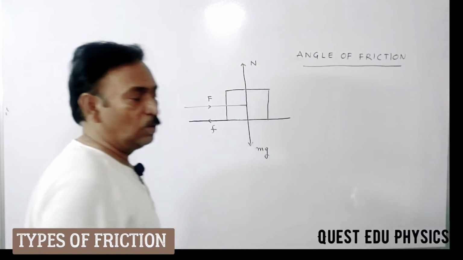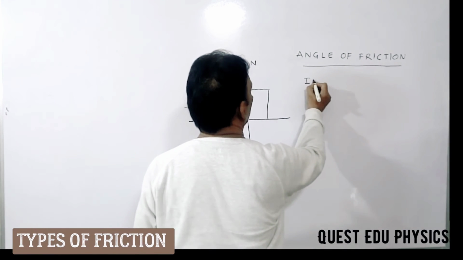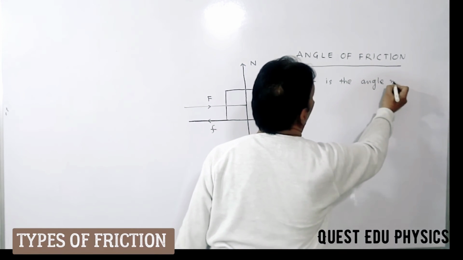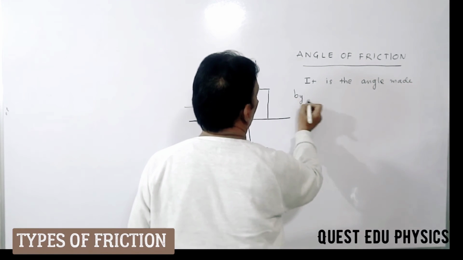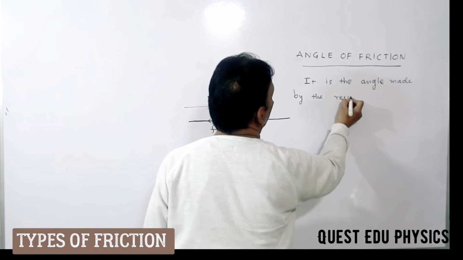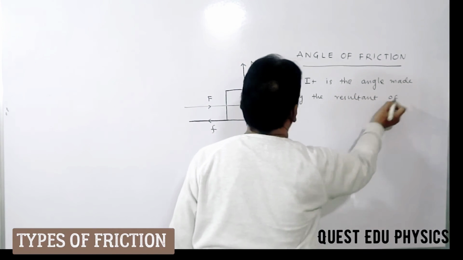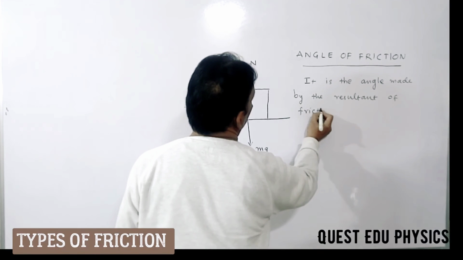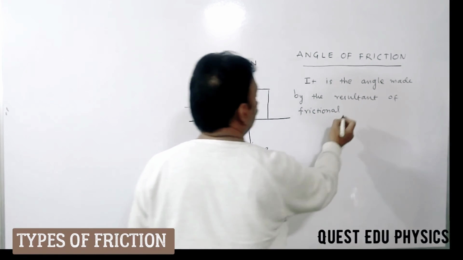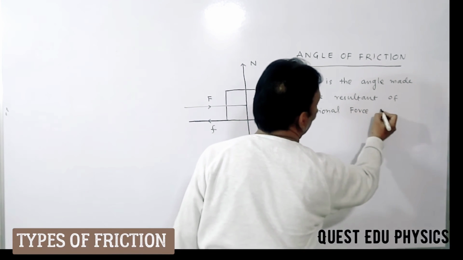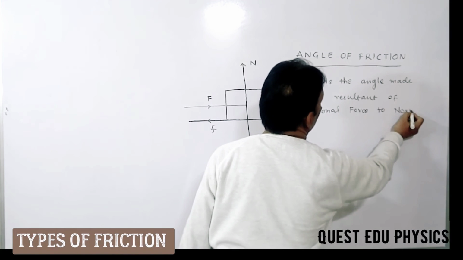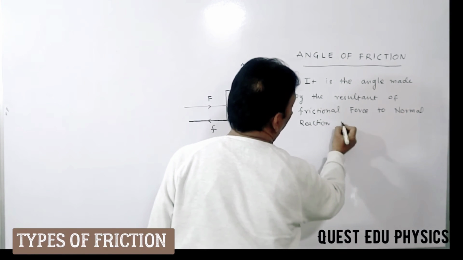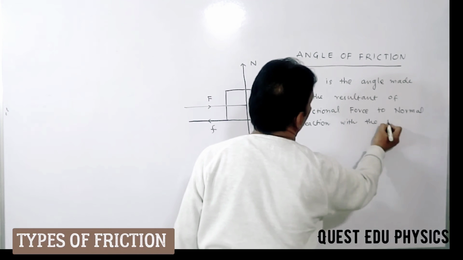What is the angle of friction? Listen to me carefully. It is the angle made by the resultant of frictional force and normal reaction with the normal.